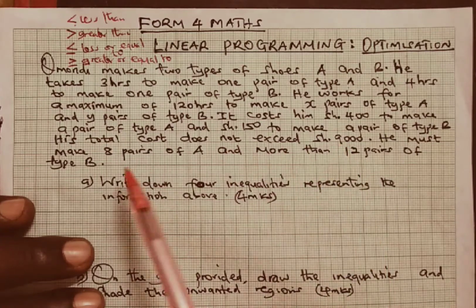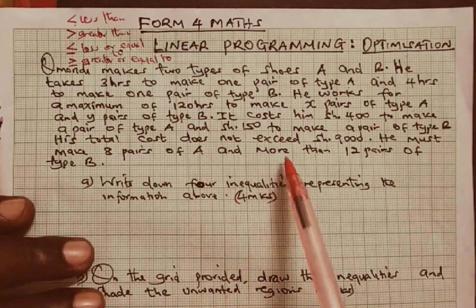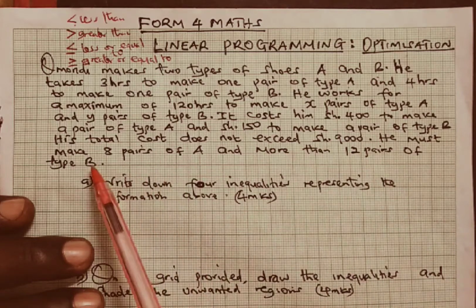He must make 8 pairs of type A and more than 12 pairs of type B.